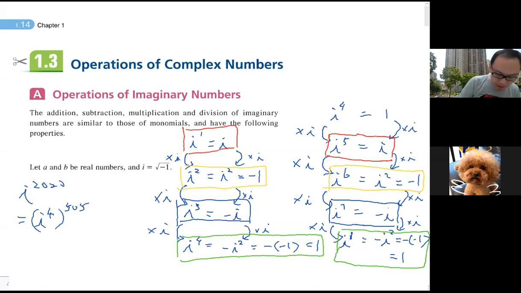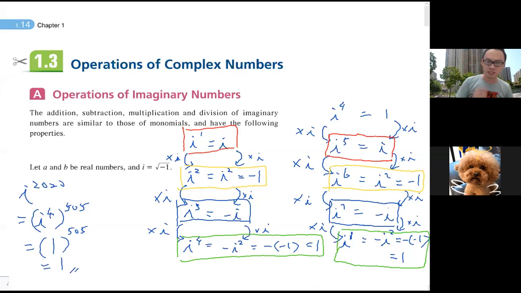Because we know that i to the power 4 is exactly equal to 1, this becomes 1 to the power 505. But any power of 1 is just equal to 1. So i to the power 2020 is exactly equal to 1.